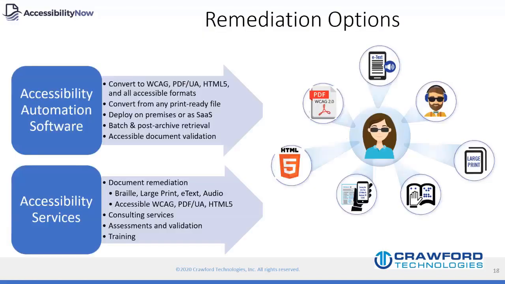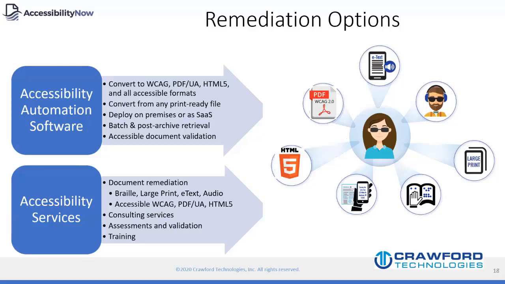And when it comes to remediating documents, there are options out there. One of those is, again, outsourcing the documents to have them remediated or made accessible elsewhere, or keeping the process in-house.